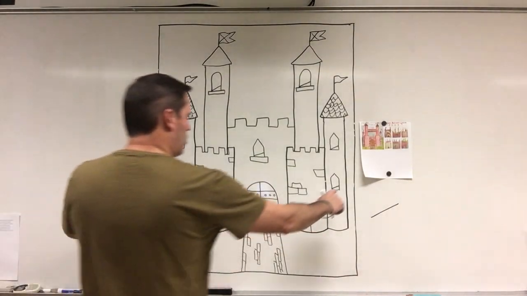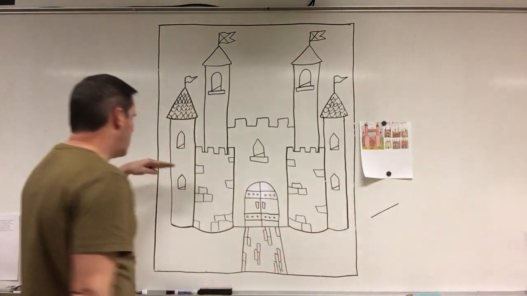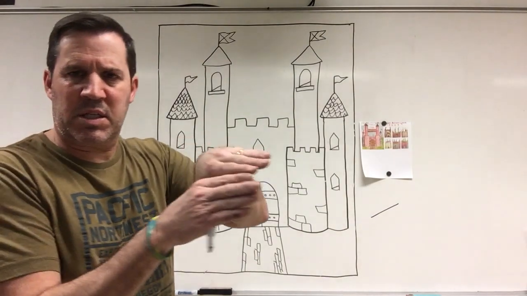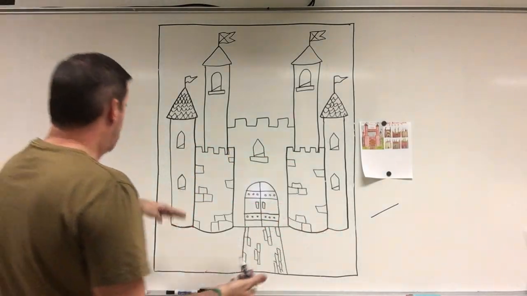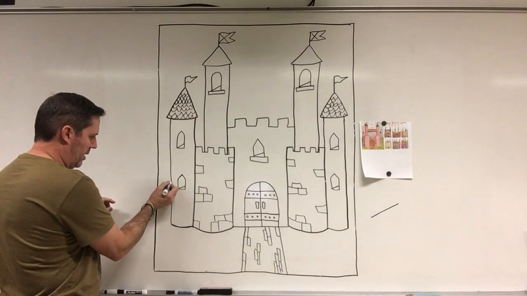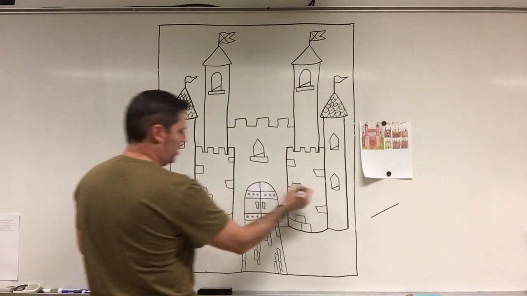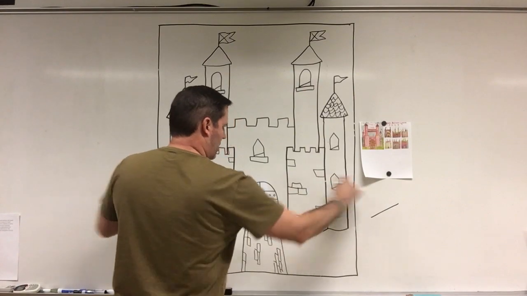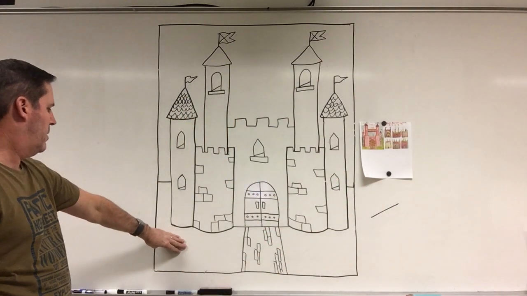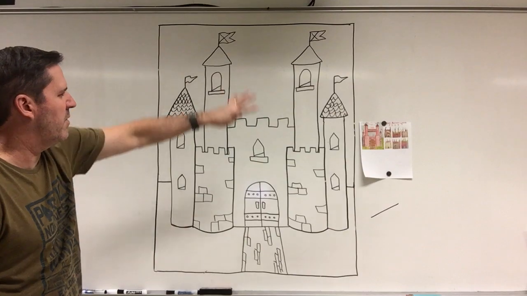Now we don't have a lot of room on the sides, but we do want to show where the ground and the sky come together. We call that the horizon line. So someplace we're going to have to draw a line that kind of shows that this is the ground and this is the sky, all of that.